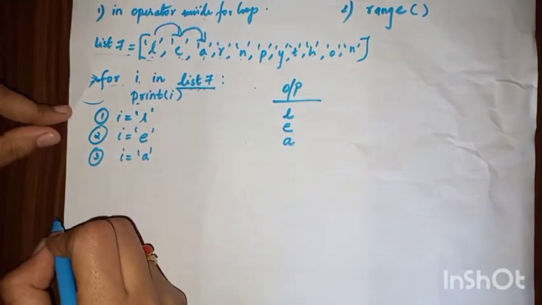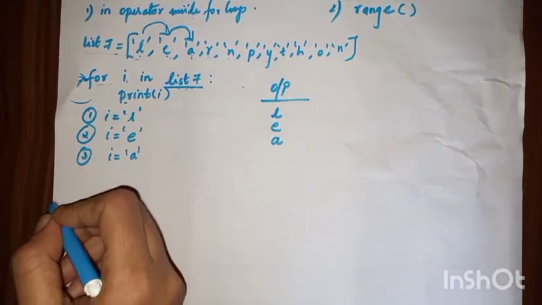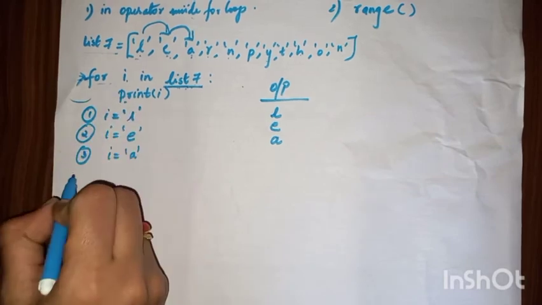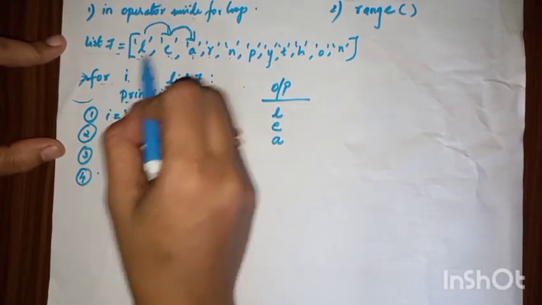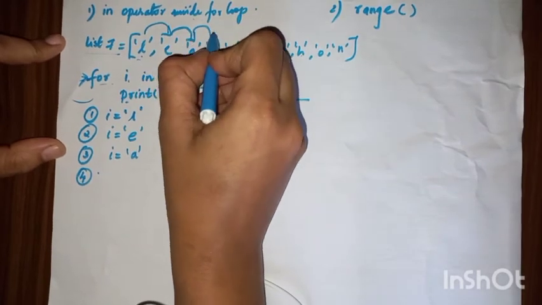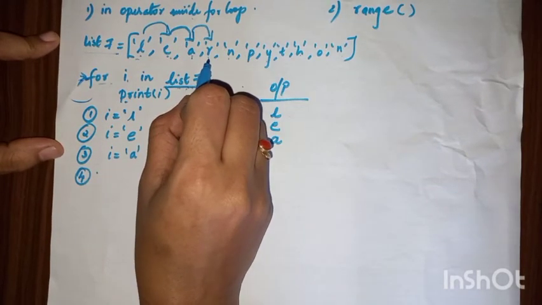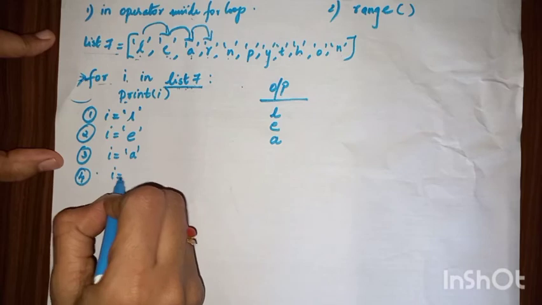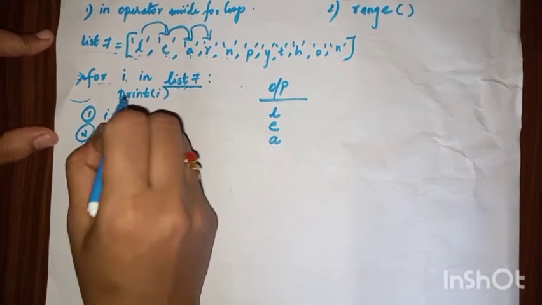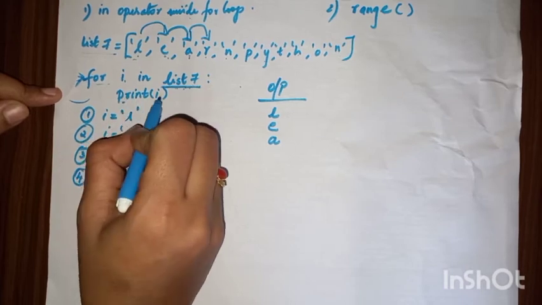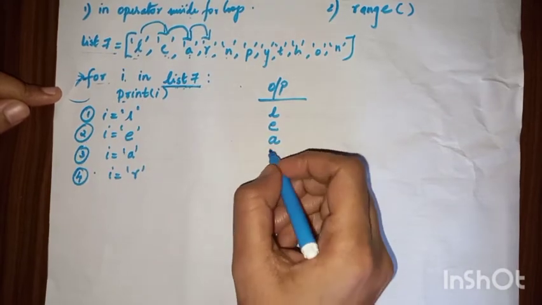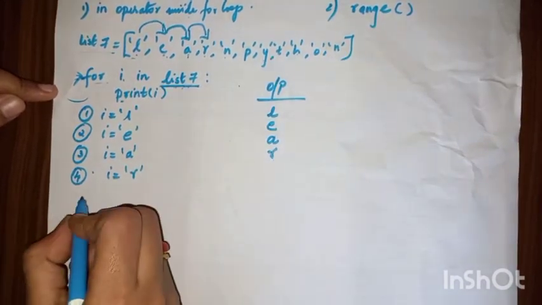Then in the fourth iteration, I is equal to the next element in the list, that is R. It will enter the loop, and the statement inside the loop, print I, will print R in the next line.